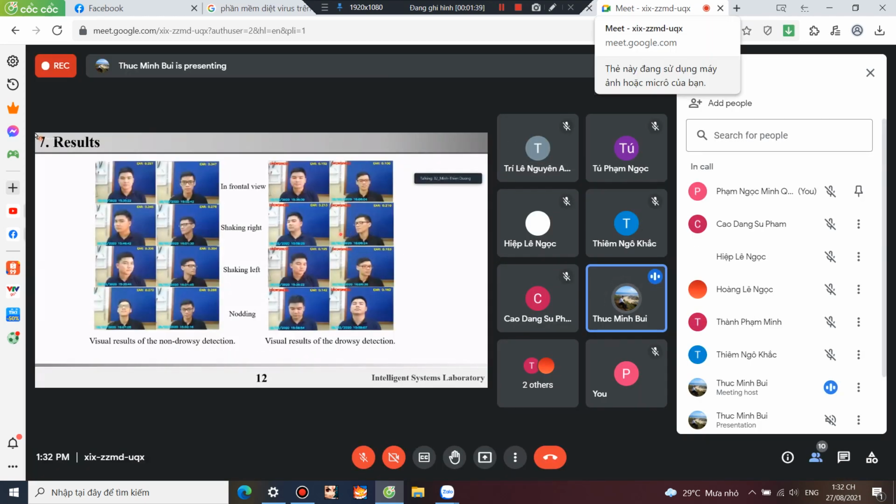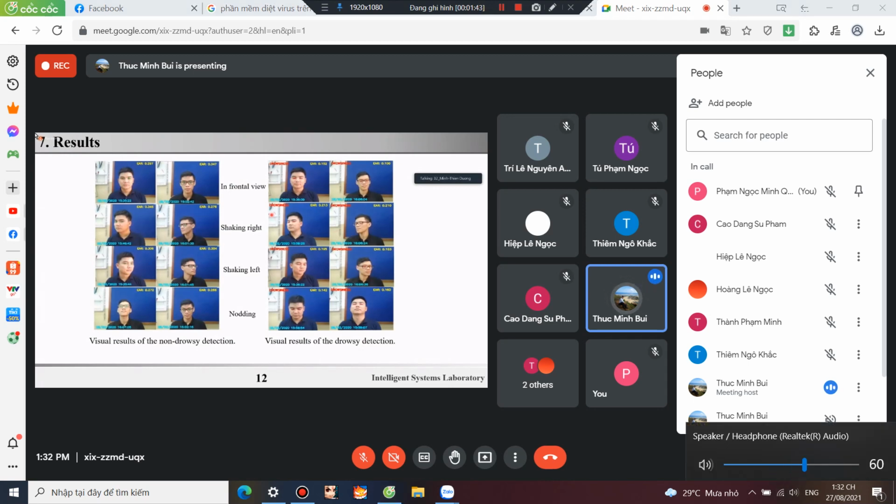And let's look at some qualitative results. The left figure and the right figure show the visual results of the non-drowsy and drowsy detection previously.